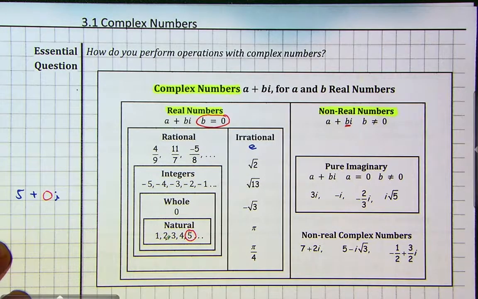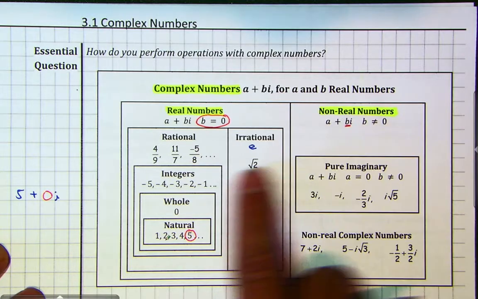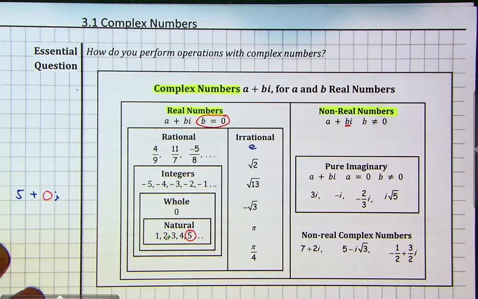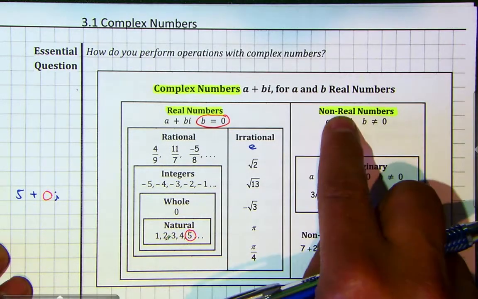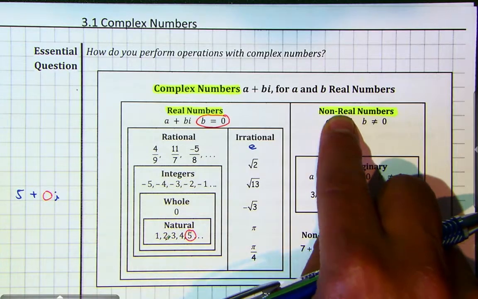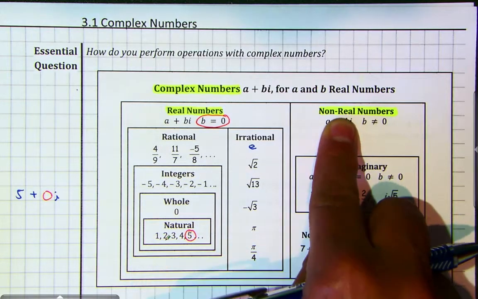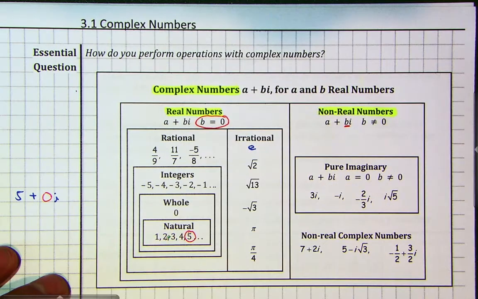So remember, complex numbers are real numbers and non-real numbers. 5 is a real complex number, whereas 3i is a non-real complex number. So just be careful.